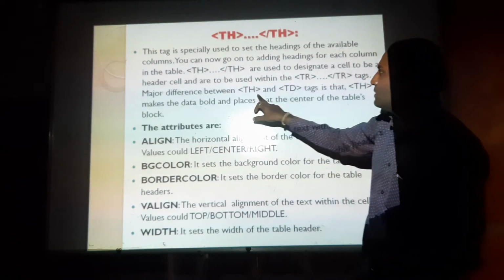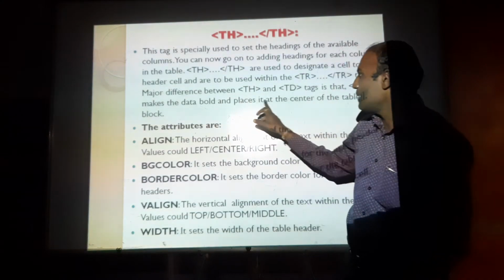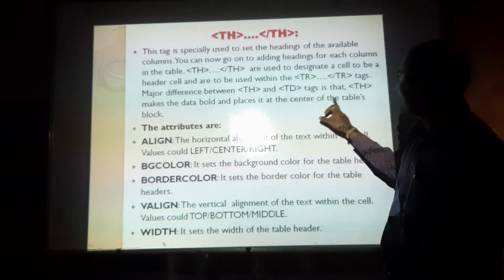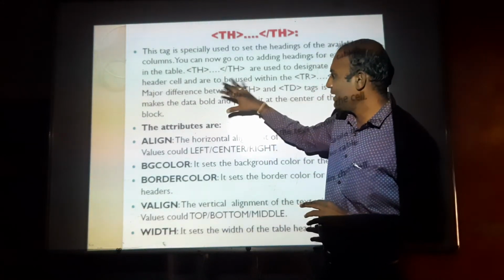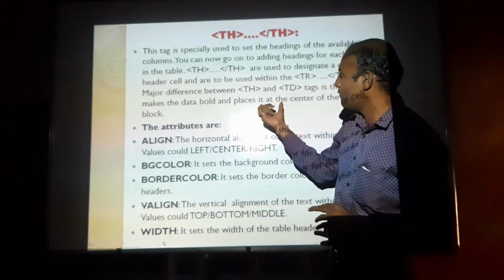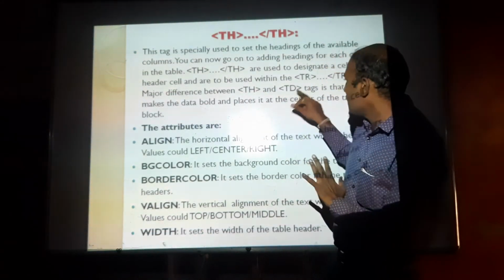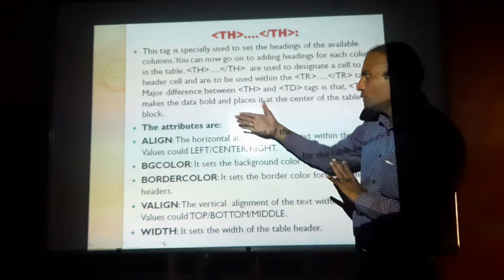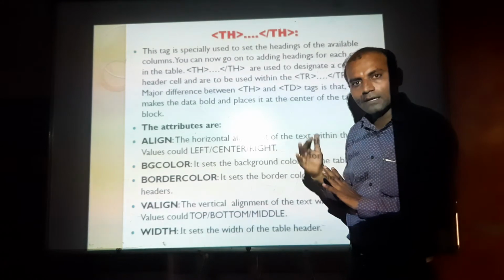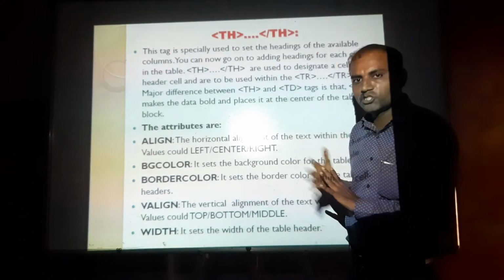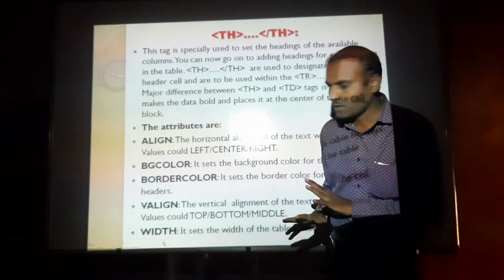The major difference between TH and TD tags is that TH makes the data bold and places it at the center of the table's block. So automatically your particular headings will be bold and centered in the cell. If you use TD, according to the attributes which you specify for TD or a particular row, its position changes, and the data will not be displayed in bold.